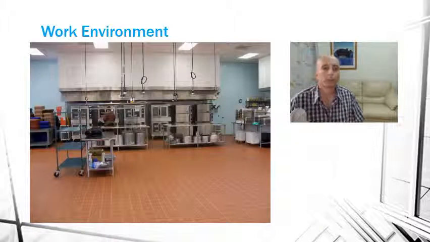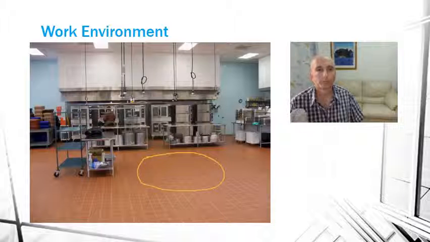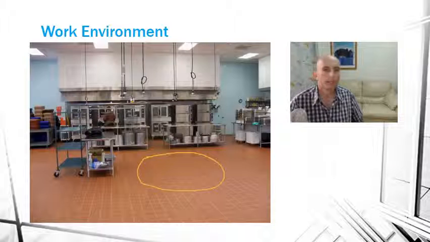All right, let's look at work environment. When you go on your work placements, you may be in a kitchen like this. Now you'll see around the floor area, there are many chances for water to be on the floor for slips, trips and falls. Many hot surfaces, we have ovens, we have stoves over here and big pots.